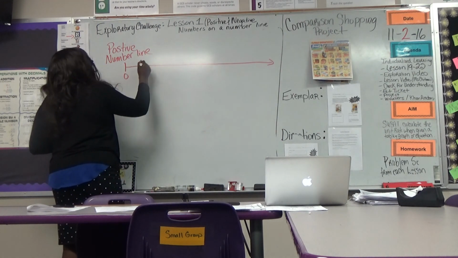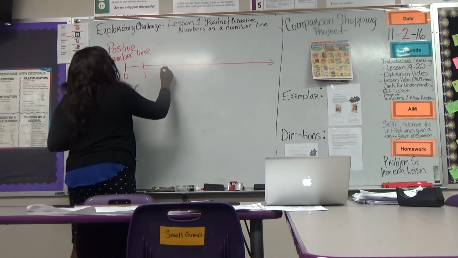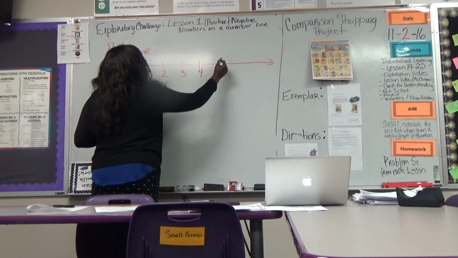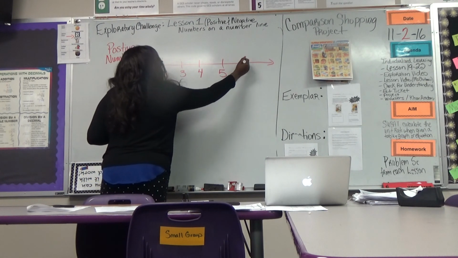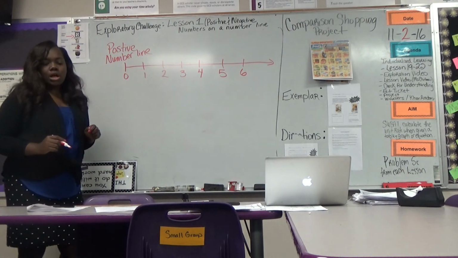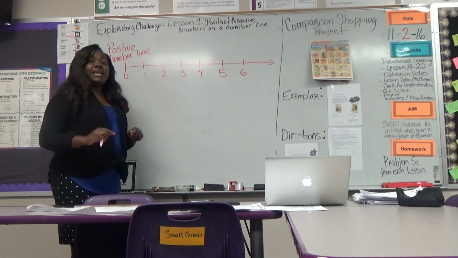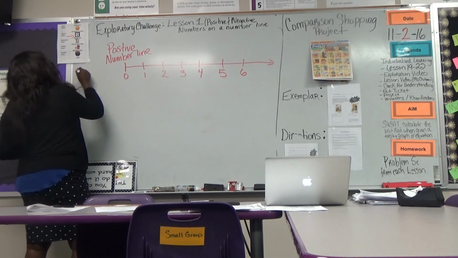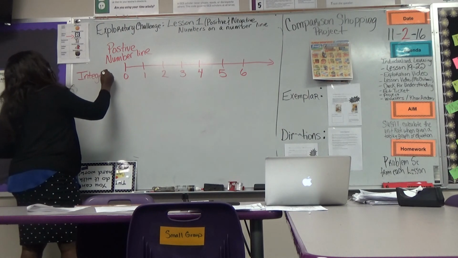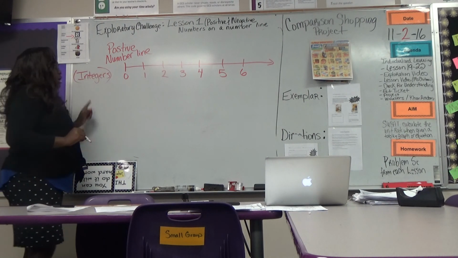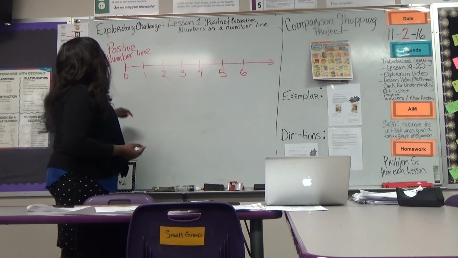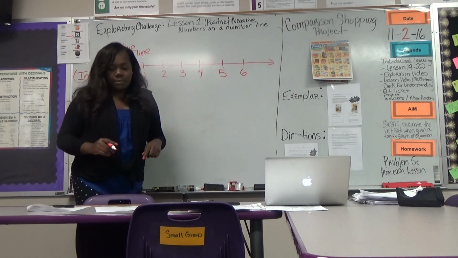Okay? What vocabulary word did we just learn about these whole numbers? Integers. That's this I word, I-N-T-E-G-E-R-S. Integers. Whole numbers and their opposites. That's what integers are. Okay, so here's our positive number line.